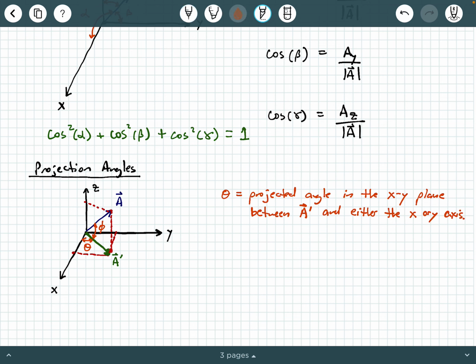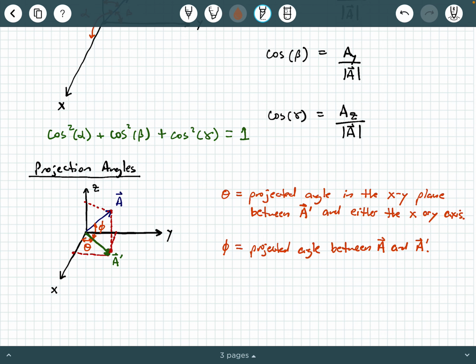So angle theta could be this angle over here between A prime and the Y axis, okay? What about phi? Well, phi is another projected angle, and this is going to be between vector A and A prime, okay? So you see that we have this phi angle that's in between A and A prime, okay?